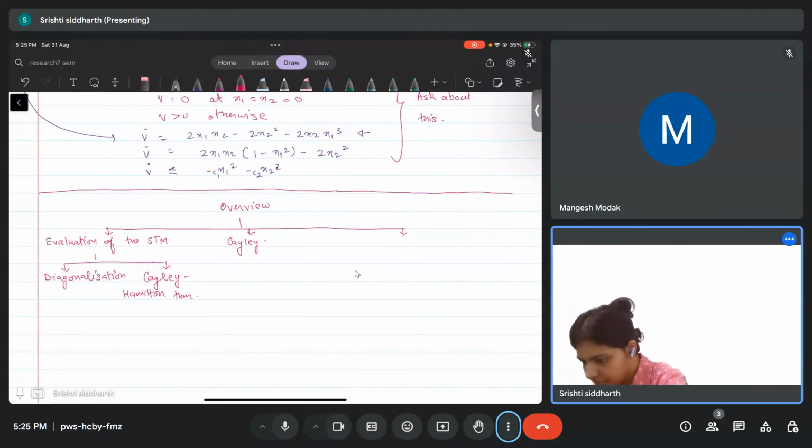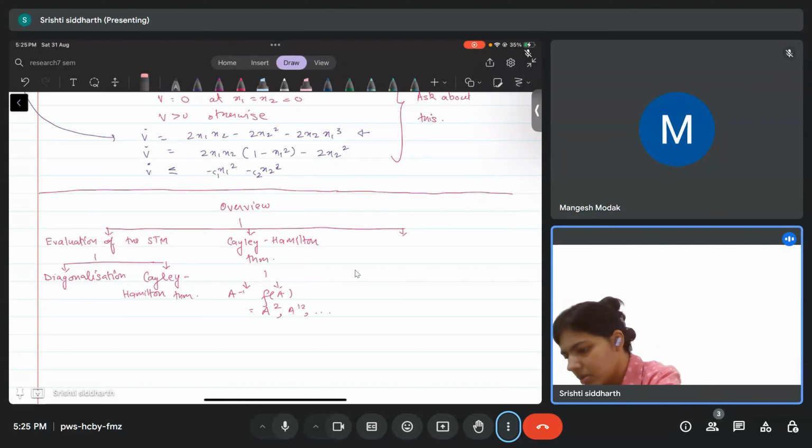Other than that, there are also some other applications of Cayley-Hamilton theorem. I think one of them is to find A inverse. Others are finding some function f of A and so on. And then we have the concept of controllability.